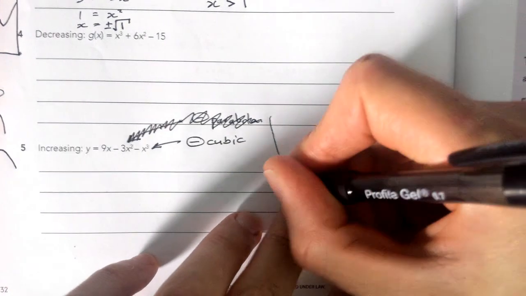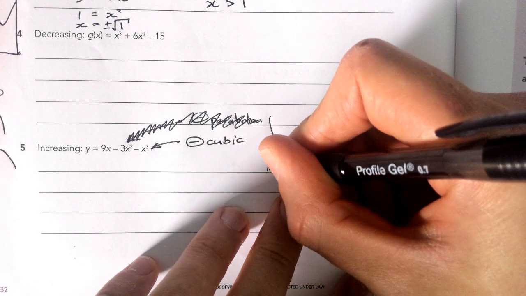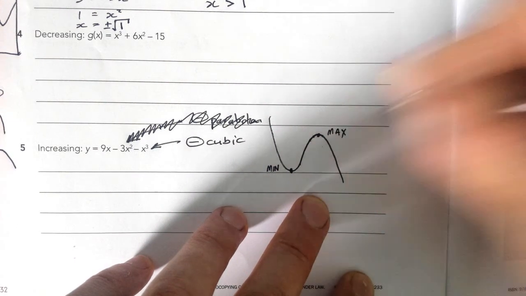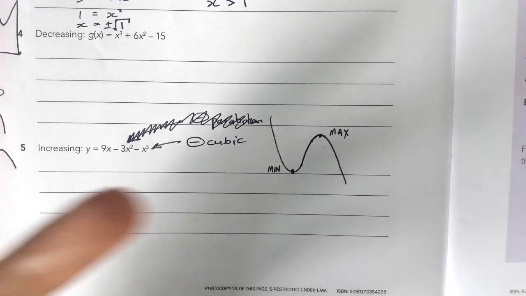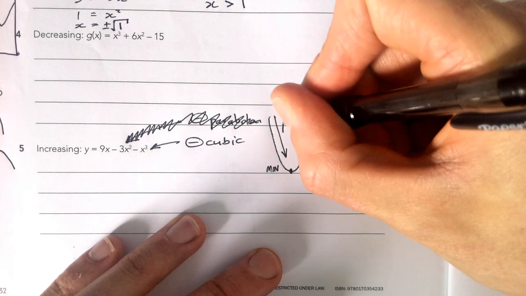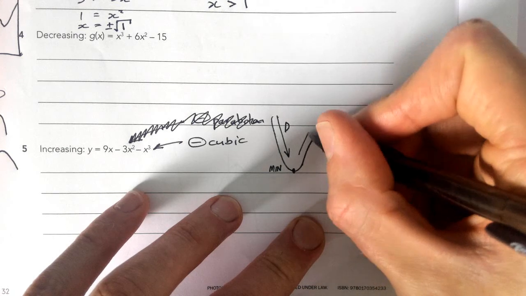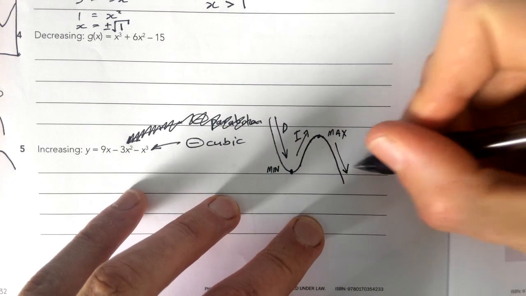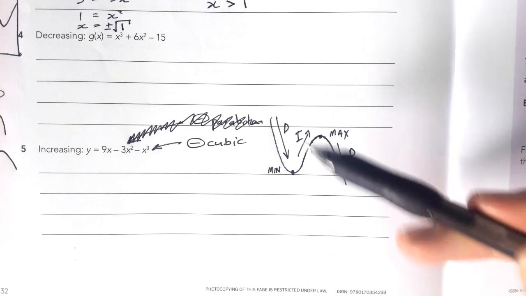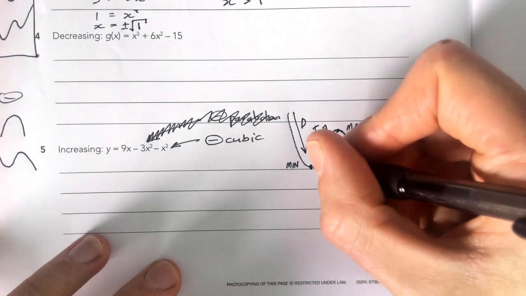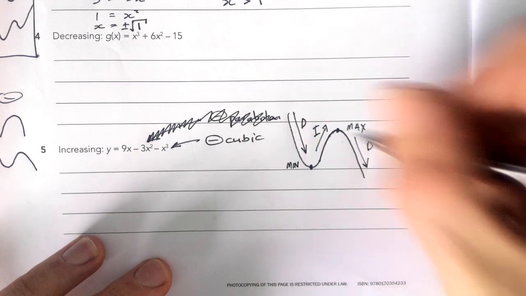So we can then look and we can see that this is a local min, and we can see that this is a local max. Right? And straight away, before we even draw anything, we can see that here is decrease, here is increase, and then here is decrease again. So there's only one place where it is increasing, and it's between the min and the max.